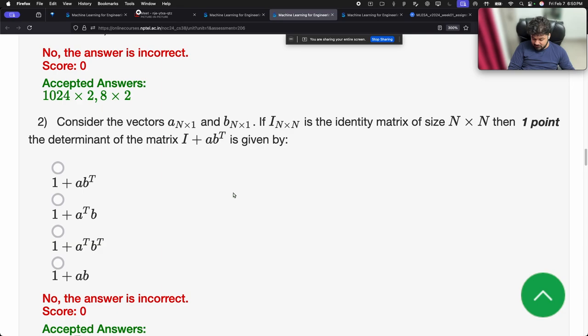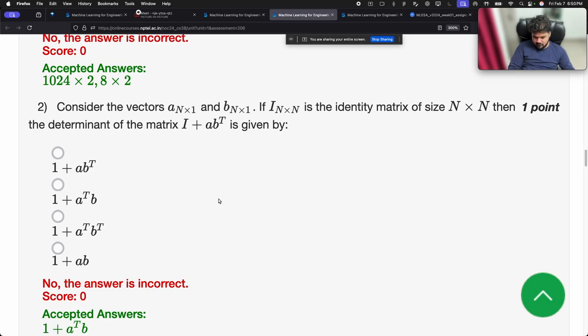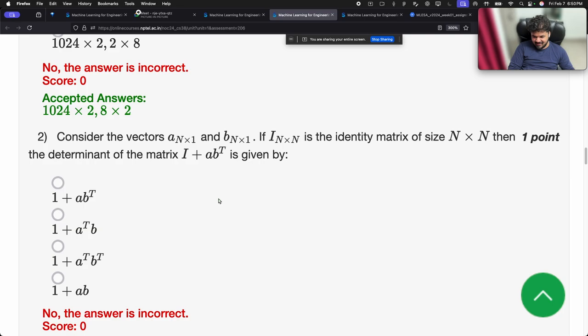Can anyone tell me which one is correct? Almost there. No, no. The second option is correct.